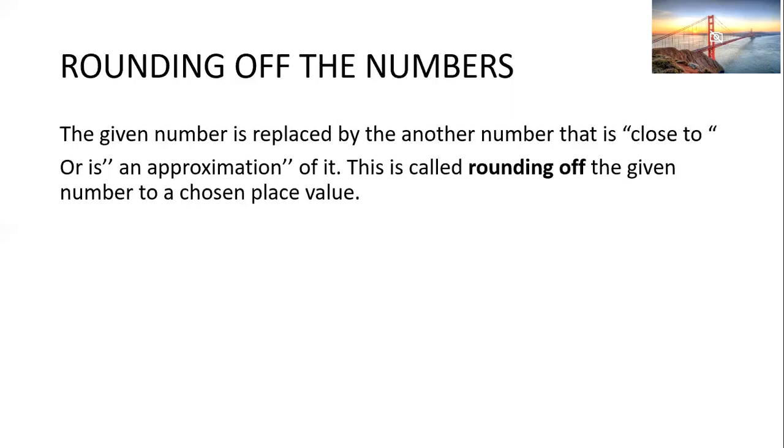For example, suppose 25.666 is a number; rounded, it is 26. That is approximation. Approximation means you replace the number with its rounded value. That is rounding of numbers.